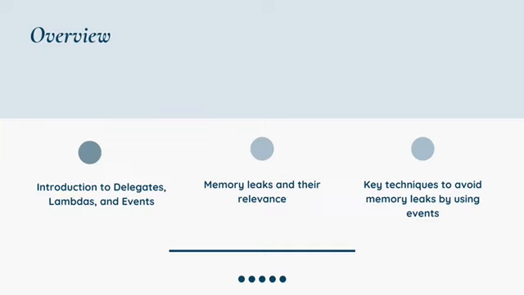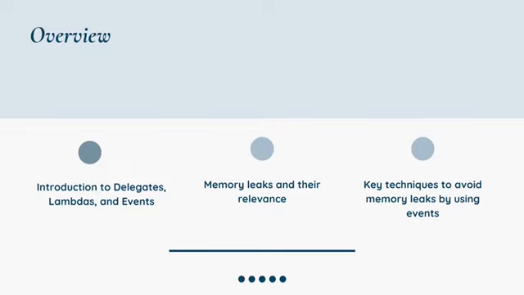Before diving into details, let's go over what we will cover in this session. First, we will start with delegates, which allow us to treat methods as variables. Then we will discuss lambda expressions, a shorter and more readable way to write anonymous methods.